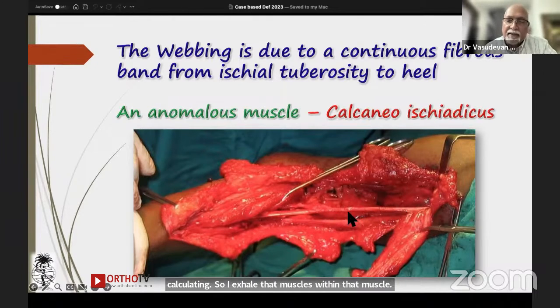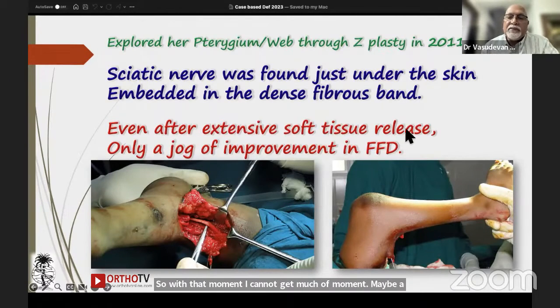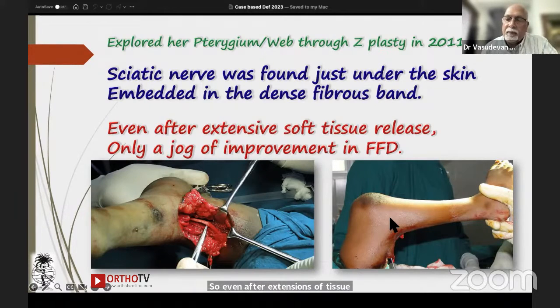You can see the sciatic nerve there. With that, I could not get much movement, maybe 10 degrees. Even after extensive soft tissue release, only a jog of improvement was there in the FFD. So I stopped doing exploration after doing it in 2 further cases.